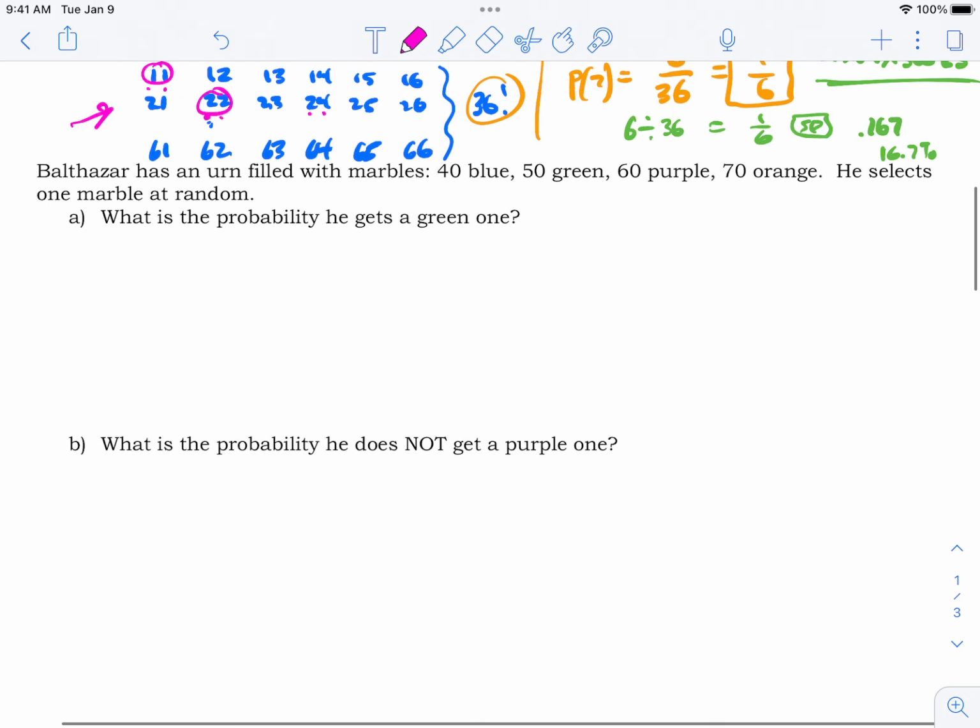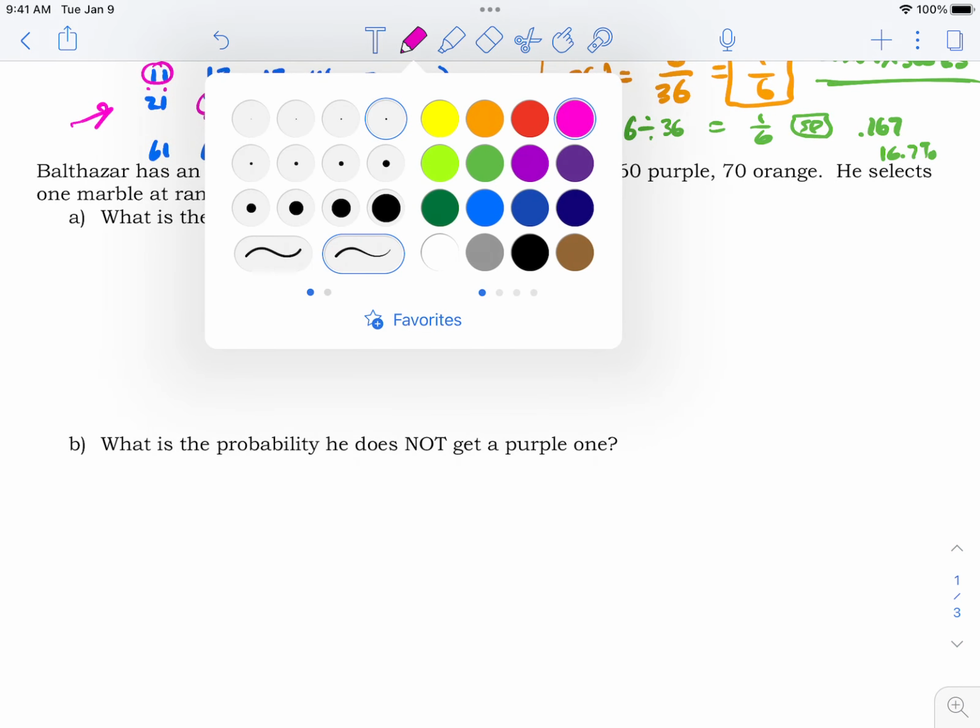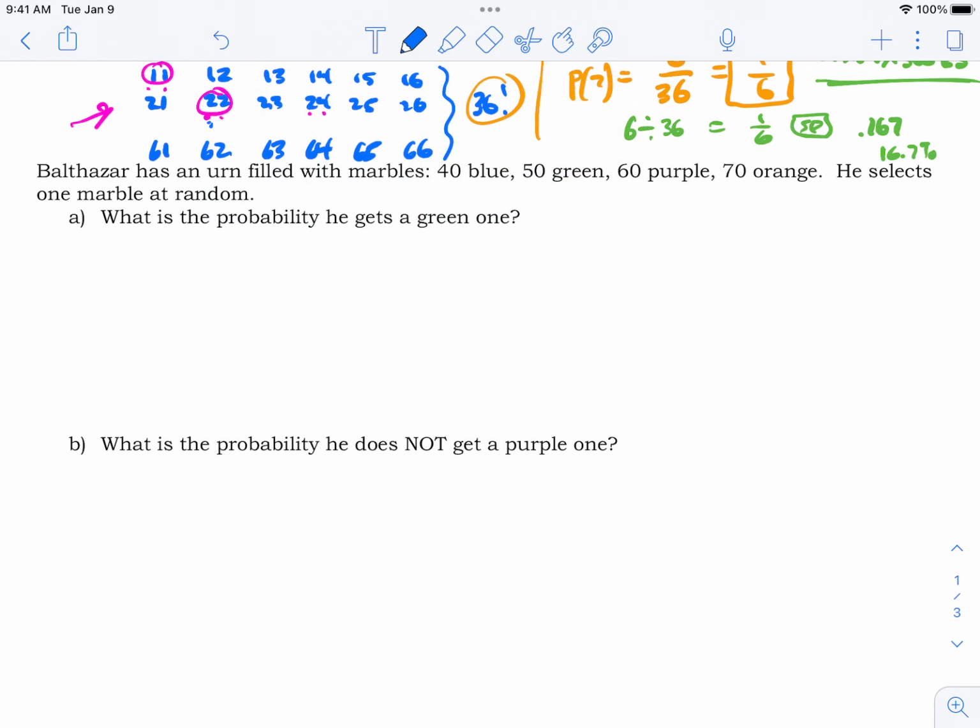Okay, let's go to a different example here. We've got an urn, and it's got marbles in it. We got some blue ones, some green ones, some purple ones, some orange ones. Okay, cool. And we're just gonna grab a marble at random, just one marble. That's fine. So question A, what's the probability that he gets a green one?